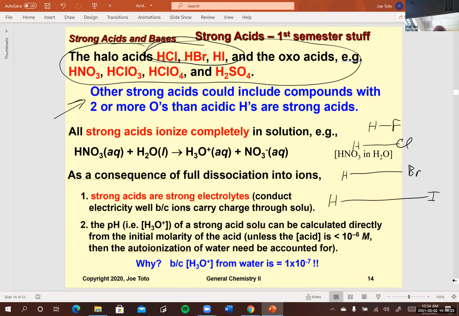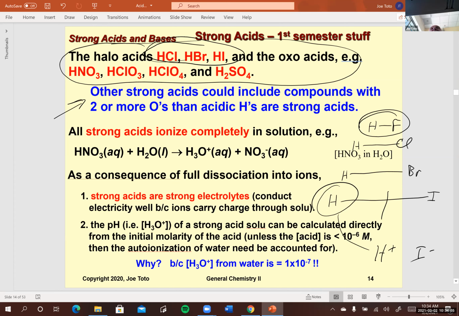Yeah, it has to do with the bond strength. Because the longer the bond, the weaker it is, the easier it is to break. And that's the realization of this becoming an acid, right? So the weaker the bond, the stronger the acid. This bond for HF is pretty strong. So it's a weak acid and not a strong acid.